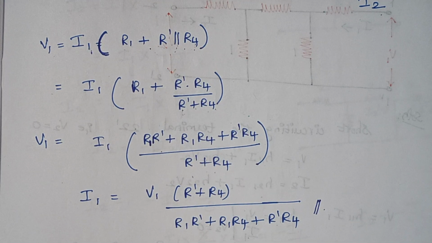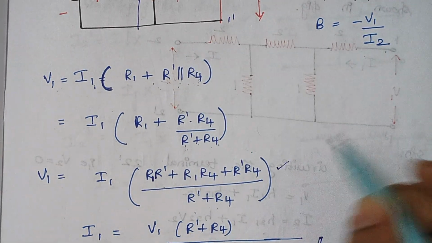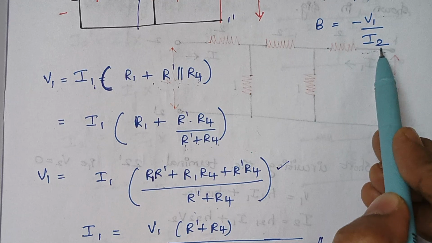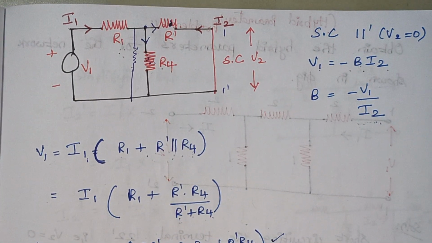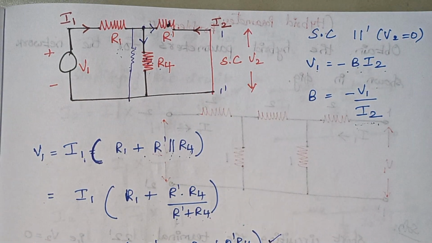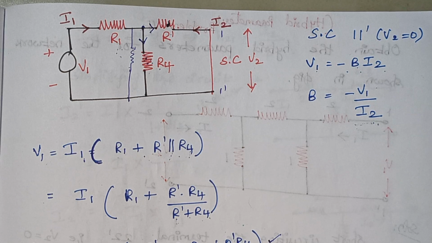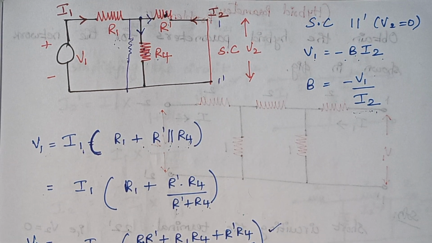Now the next thing is, you see here V1, we have calculated V1. The next step we are going to find I2. So here you see again when you look at this circuit diagram, here this is our I2. So we are going to find this current I2 by using the current division rule. So what do you mean by current division rule?